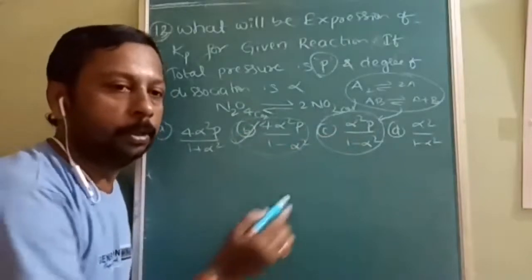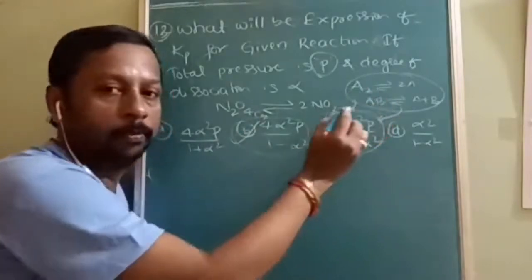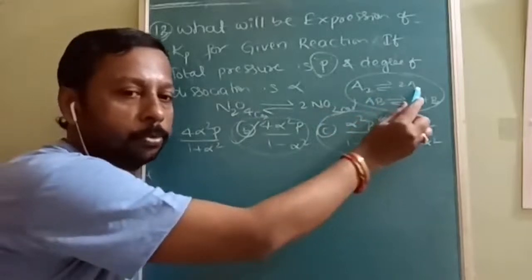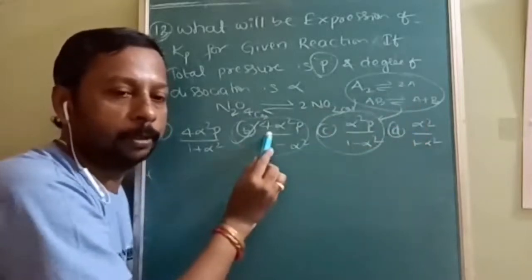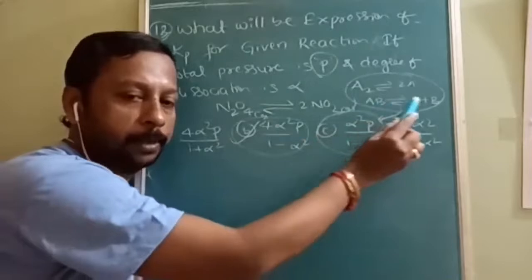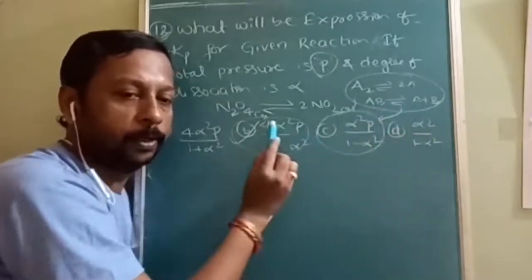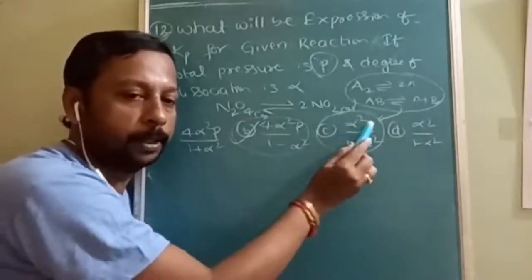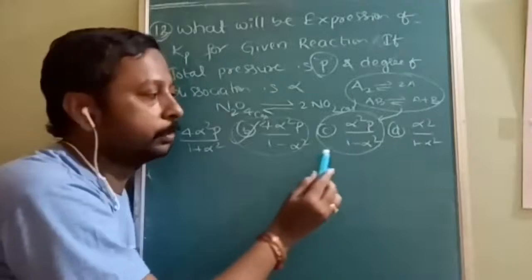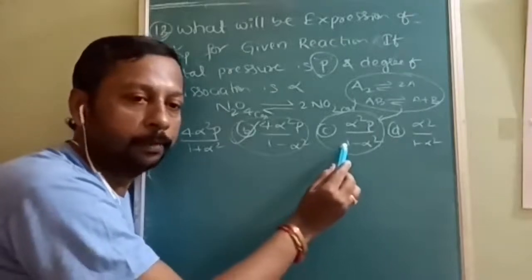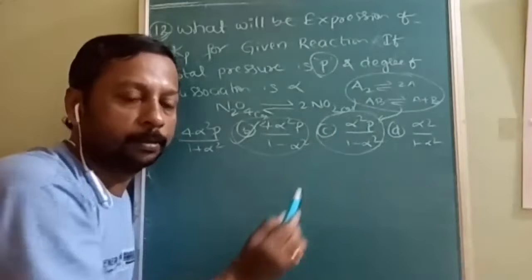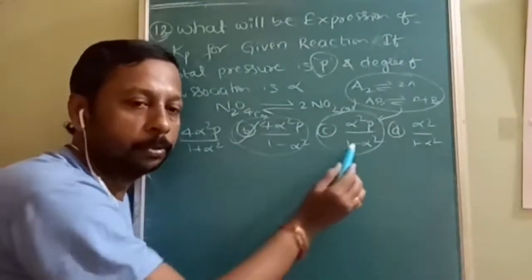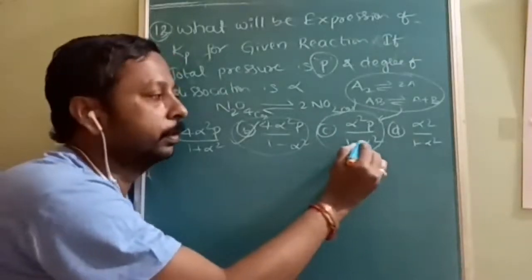Is it understood? When A2 is converted into 2A, then 4 will come. If AB is converted to A plus B, then 4 will not be there: alpha square into P. In the denominator, during the derivation, it will be 1 minus alpha into 1 plus alpha, so this will be 1 minus alpha square.